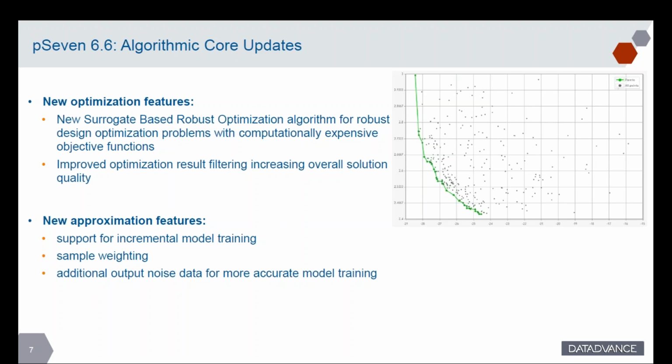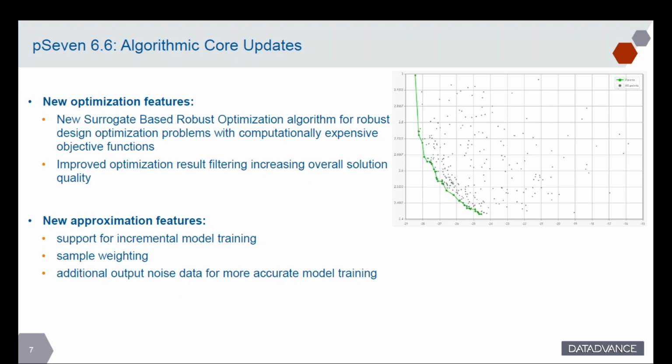This method is based on surrogate-based methodology, which is widely believed to be an efficient approach to handle computationally expensive problems. This algorithm is automatically enabled by smart selection when there is at least one expensive objective or constraint. And this is important because any more or less real engineering problem typically contains expensive calculations.